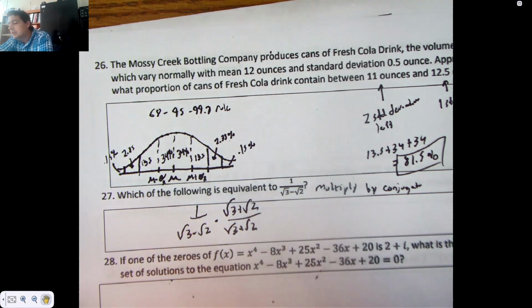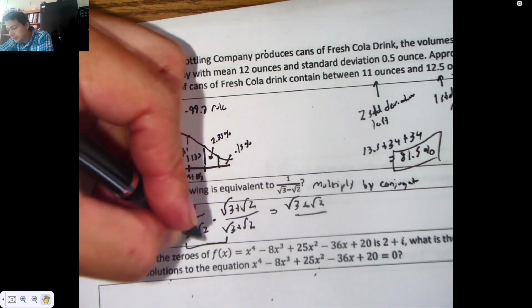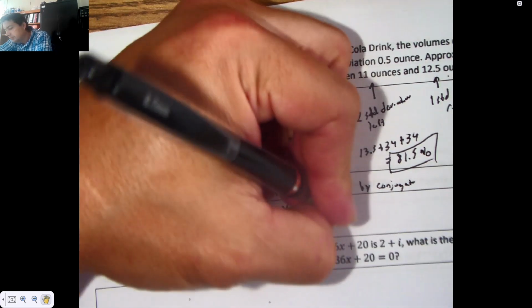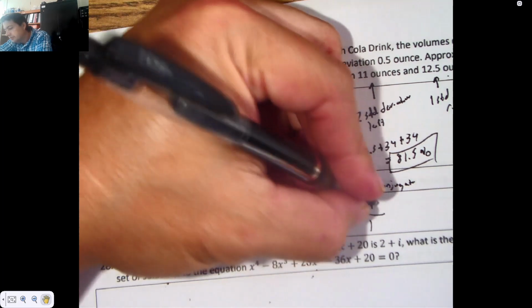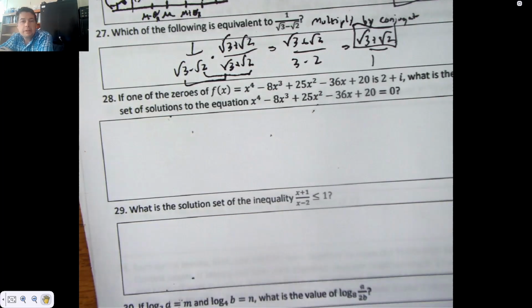Should. Up top, you'd simply have root 3 plus root 2. Down low, you'd do first and last. You'd have 3 minus 2, which is 1. So there's your answer, root 3 plus root 2. Ta-da!